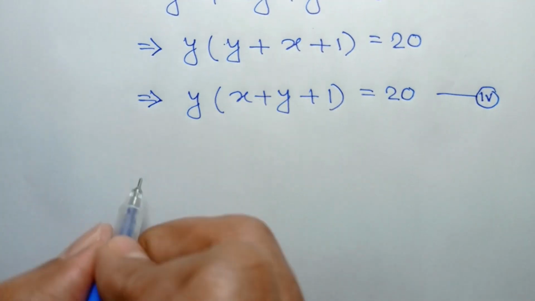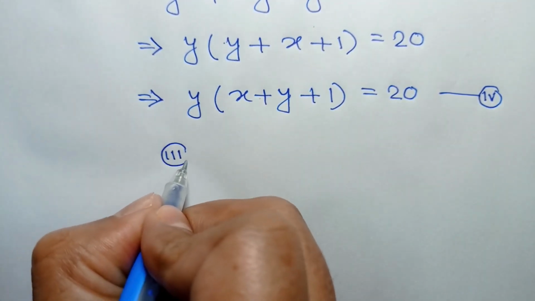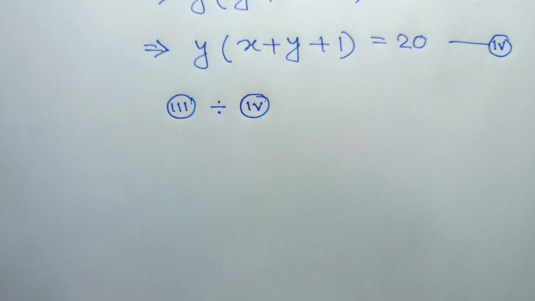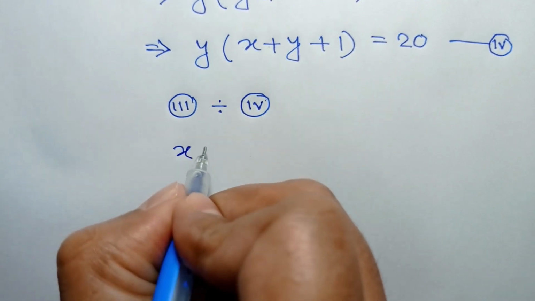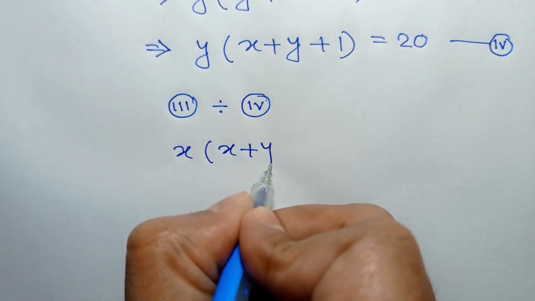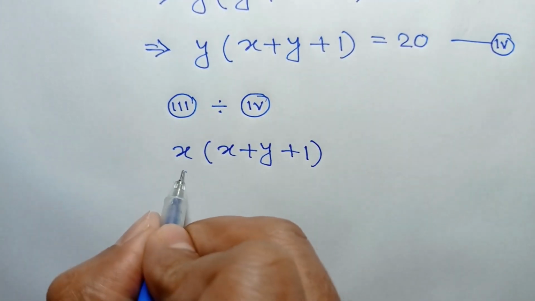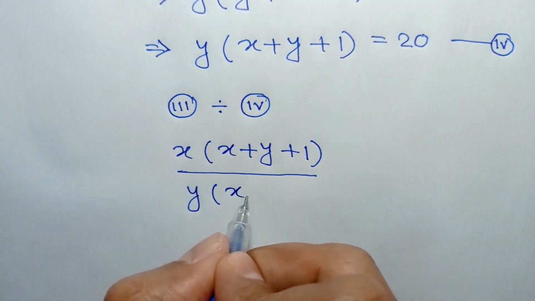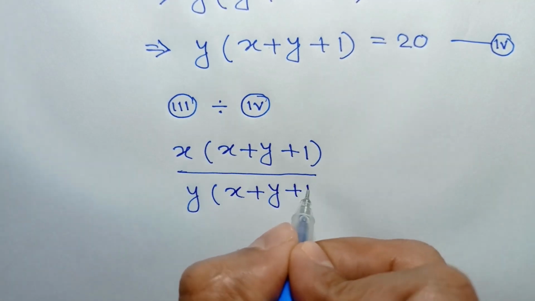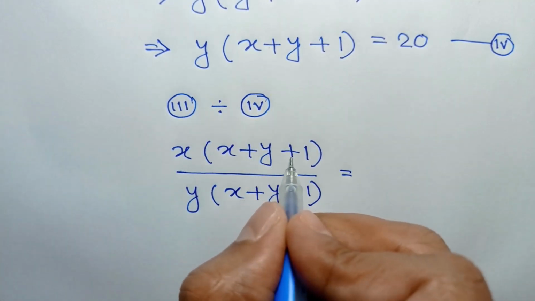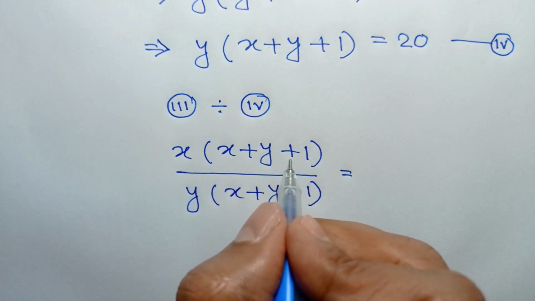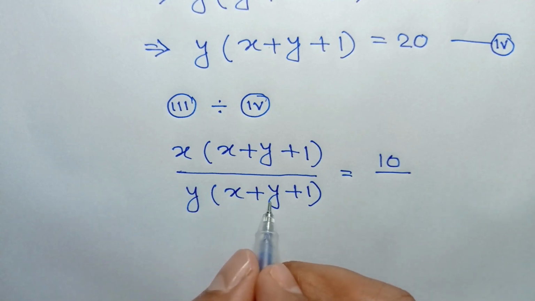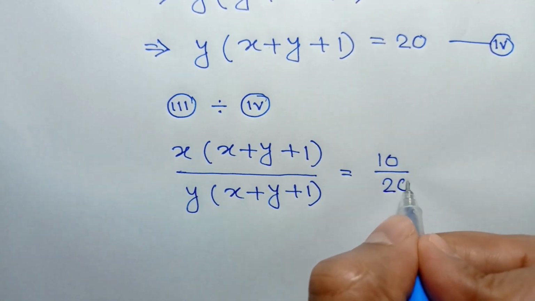Now if we divide equation 3 by equation 4, we can write from equation 3 x times (x plus y plus 1) over from equation 4 y times (x plus y plus 1) is equal to the value of x times (x plus y plus 1) is 10, and the value of y times (x plus y plus 1) is 20.